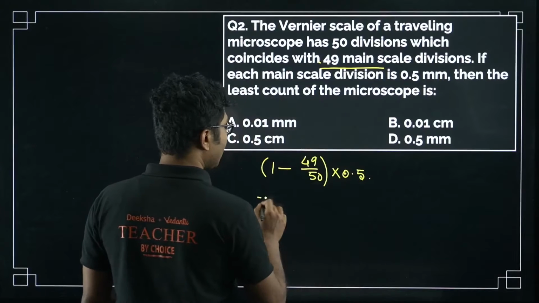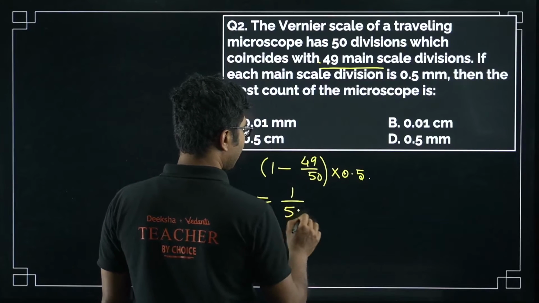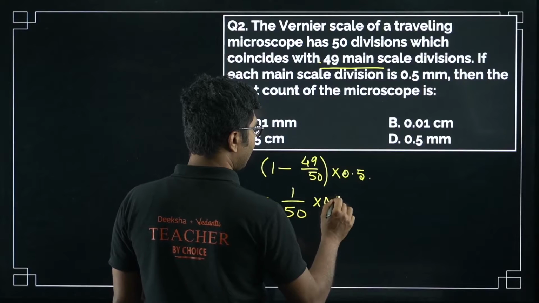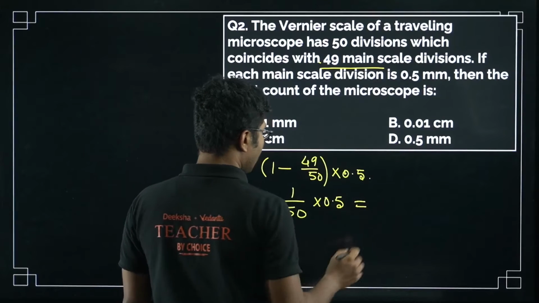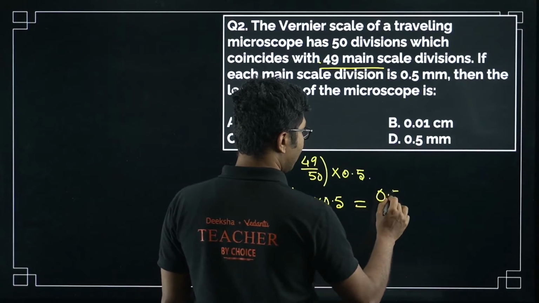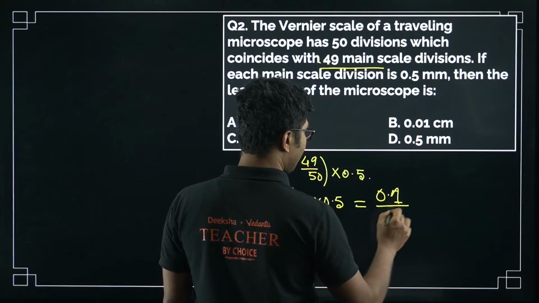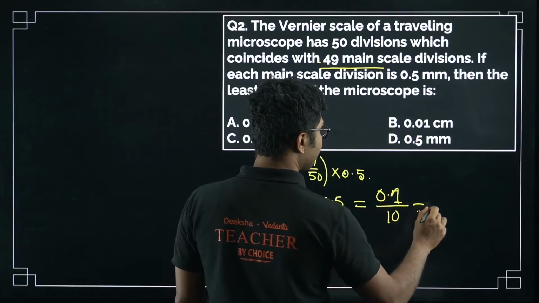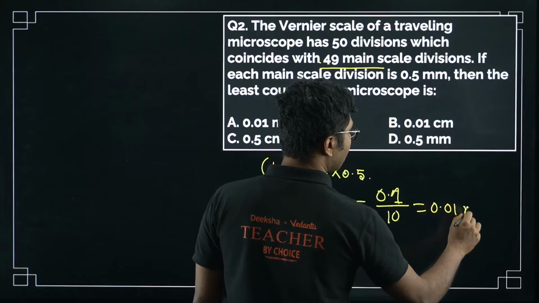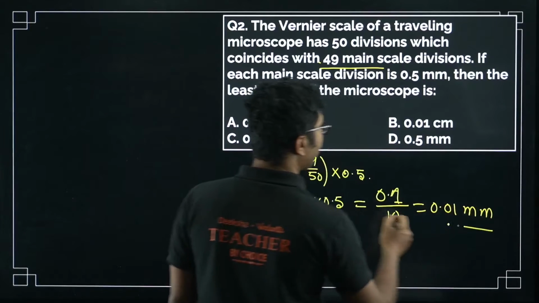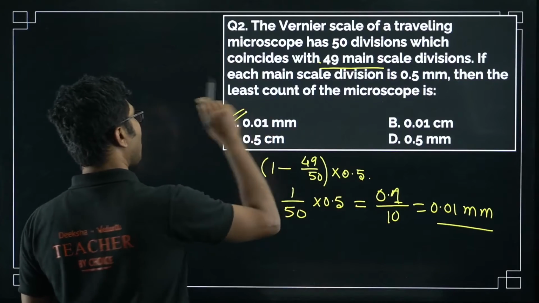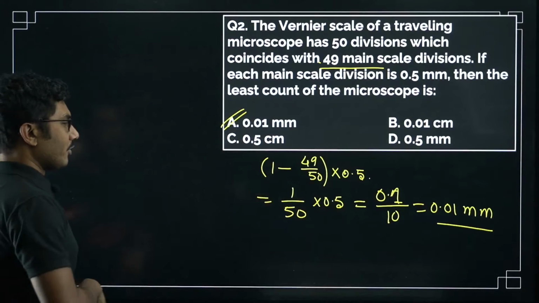So it will be 1 by 50 into 0.5 millimeter, which is 0.1 divided by 10, that equals 0.01 millimeter. So the least count is 0.01 millimeter. Option A is correct.